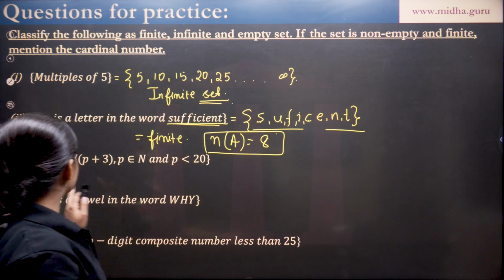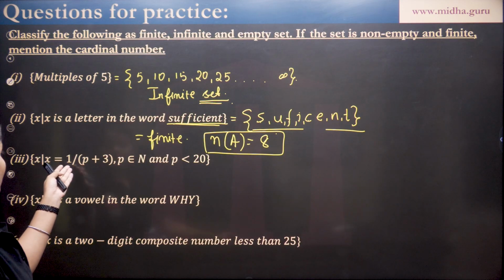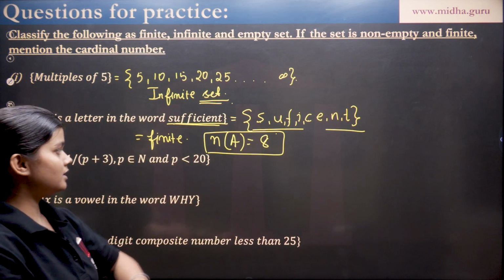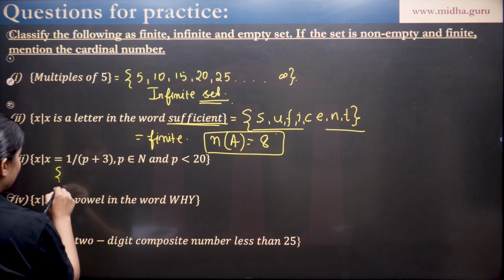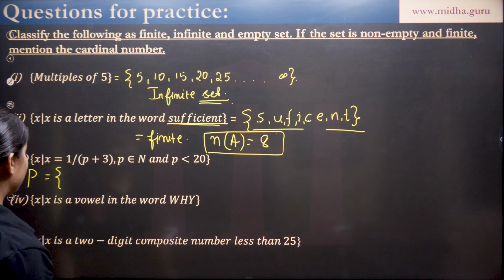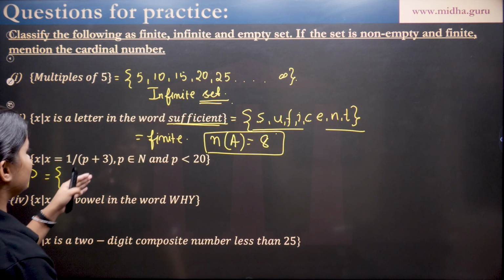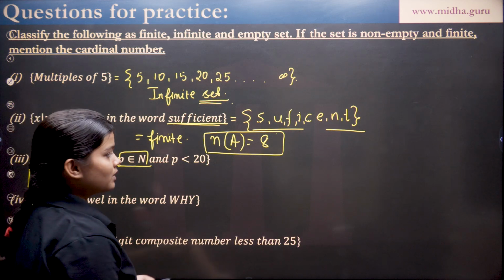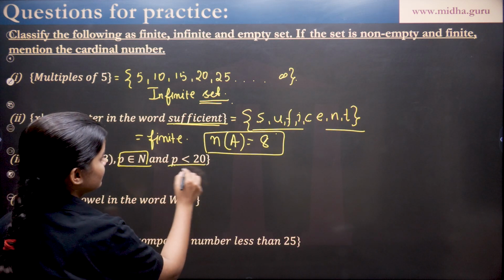Okay. Next is x such that x is 1 by p plus 3, where p belongs to N and p is less than 20. So let's write the set of this. Let us consider this set as capital P. For 1 upon p plus 3, we have to put p as natural numbers with p less than 20.